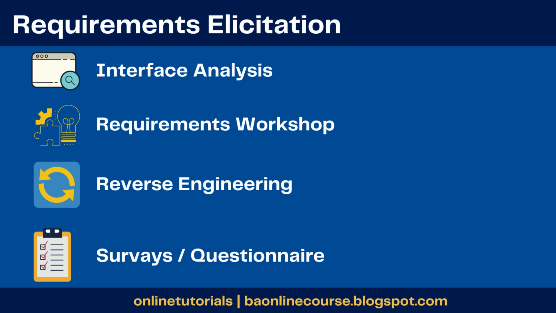Here the BA does the requirement elicitation part. His main role can be as a scribe or as a facilitator. A scribe collects the information discussed during the JAD session, or he can be a facilitator who makes sure the discussion stays on track and not off track.